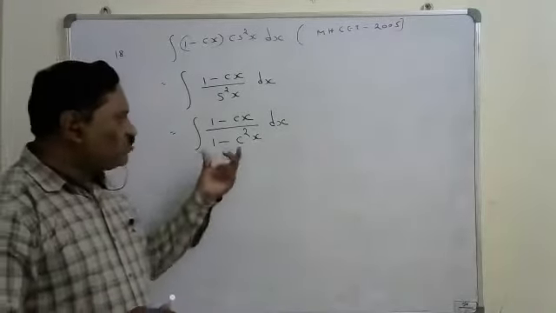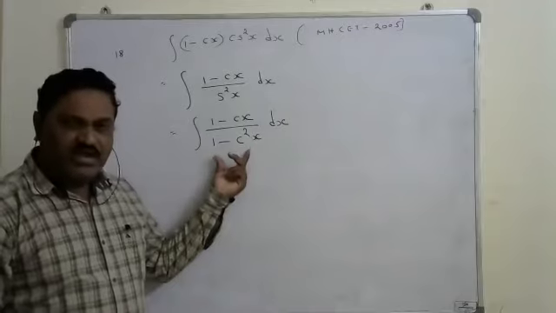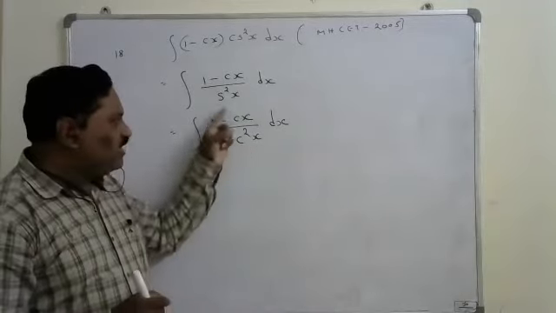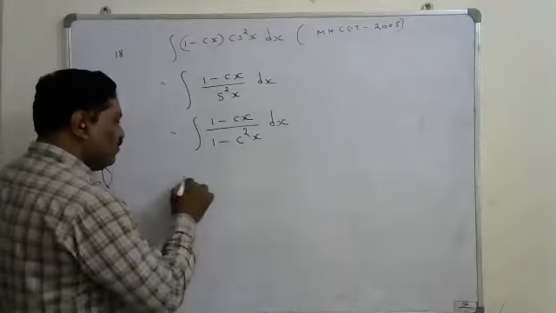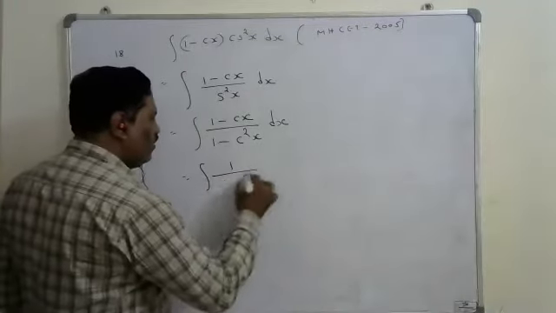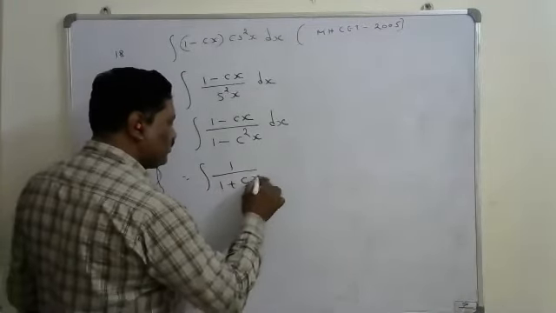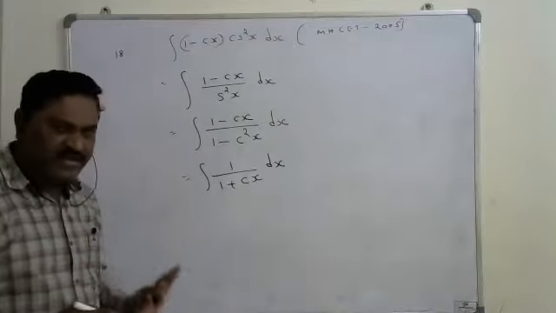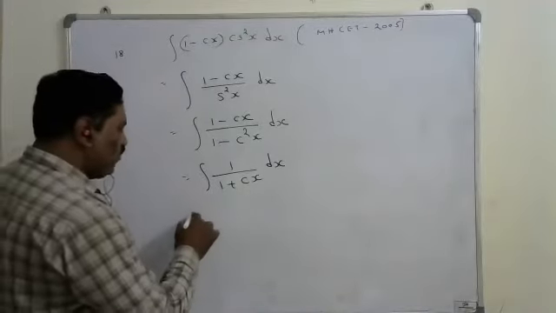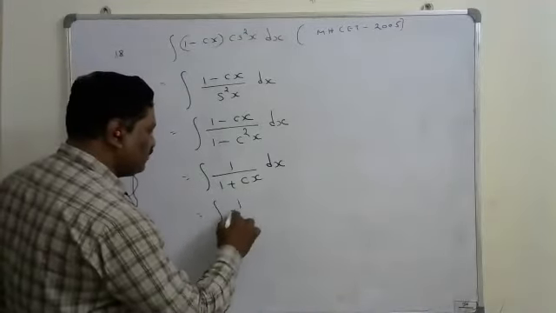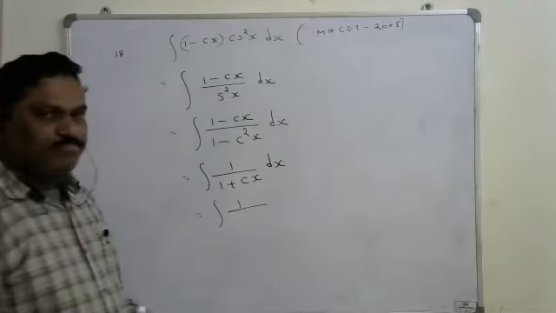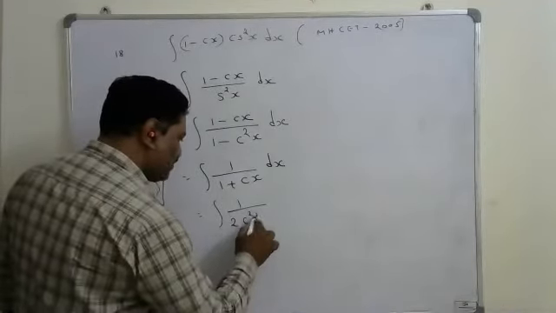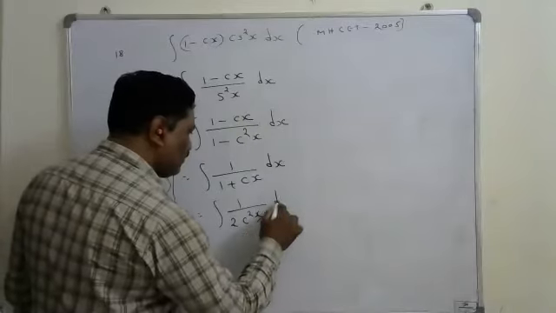Again, this 1 minus cos square x we can write as 1 minus cos x into 1 plus cos x. Where 1 minus cos x gets cancelled, the remaining is 1 upon 1 plus cos x dx. Now, how can you express 1 plus cos x? 1 plus cos x you can write as 2 cos square x by 2 dx.